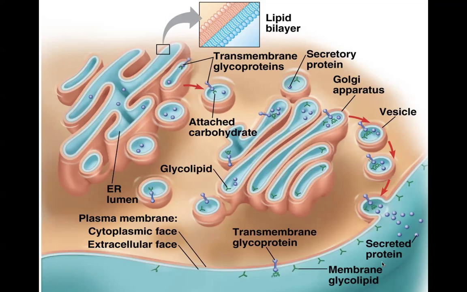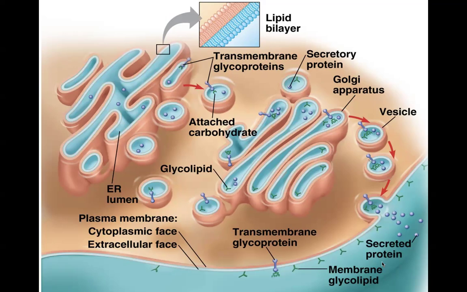Now pay attention to how this vesicle fuses. So as this vesicle with this transmembrane protein makes its way to the plasma membrane, we see that those proteins that were in the interior are once again going to be secreted. However, that transmembrane protein is now going to become embedded in the membrane itself.